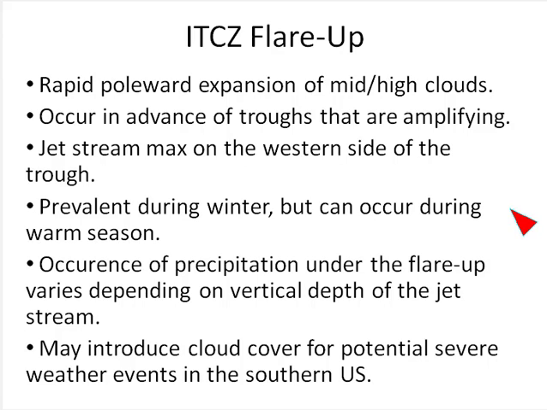They're prevalent during winter but can occur during the warm season. The occurrence of precipitation under the flare-up varies depending on the vertical depth of the jet stream, and they may introduce cloud cover for potential severe weather events in the southern U.S. Other forecasting applications include forecasting sky cover and temperature.